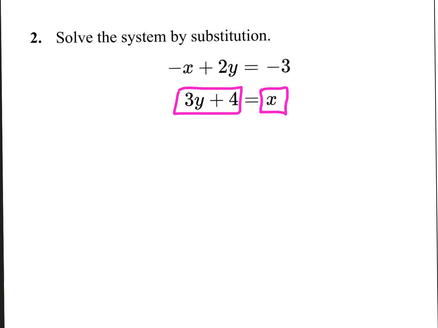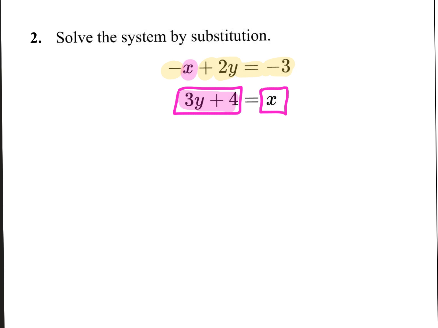All right, hopefully you've tried to do this first step yourself first. So remember what we need to do. We're going to take the other equation up here, and we're going to write everything exactly the same. The negative, the plus 2y, the equals -3. We're going to write it all exactly the same, except instead of writing an x, I'm going to write a 3y plus 4.